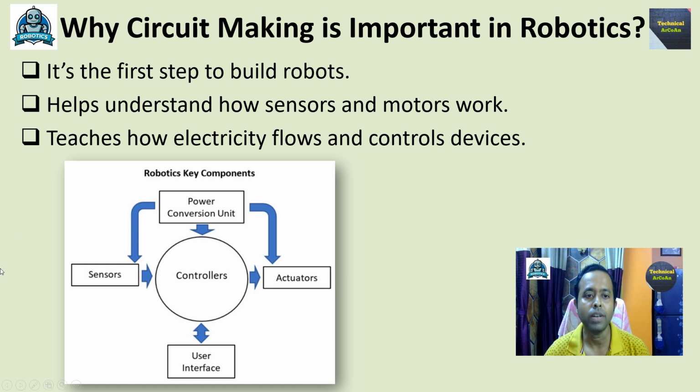And the power conversion unit is the power unit which provides requisite voltage to all the parts of the robot. Okay, the user interface is used so humans can interact and communicate with the robot. Okay, these 5 components are the key components of robotics, right?